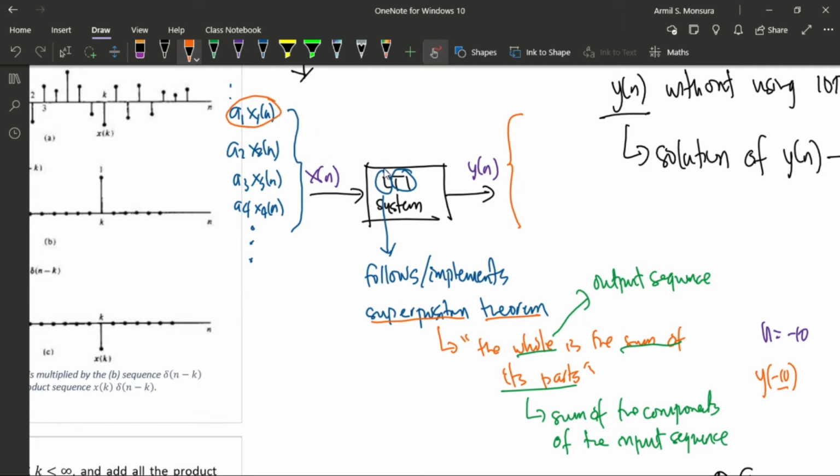Kay system niyo. Supposedly itong input na to, magpo-produce yan ng output kay Y1. Magpo-produce ng output sa system niyo as, say for example, B1 Y1 of n.